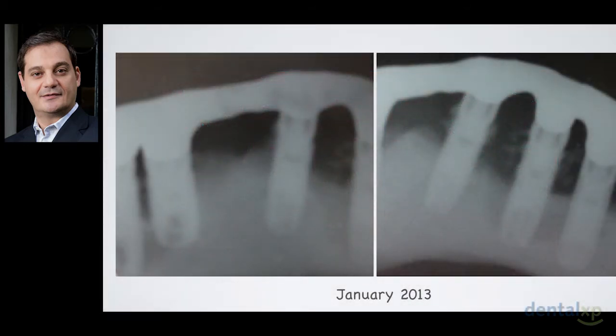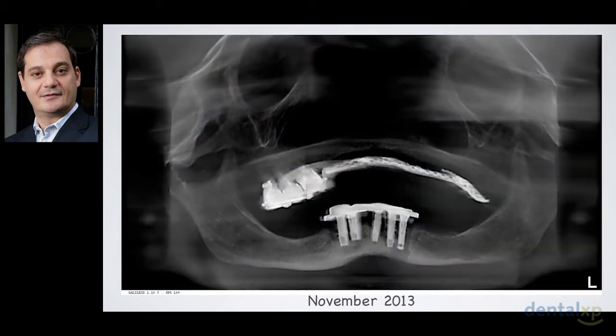Or this case that can seem very simple and benign: five implants with an overdenture bar, and you can see the plaque that accumulated on those implants on the right side. When it presented to me, it had led to a sublingual infection.